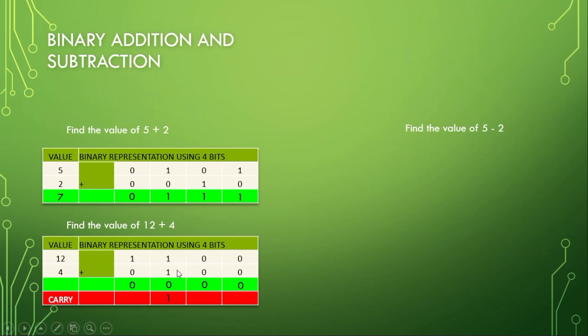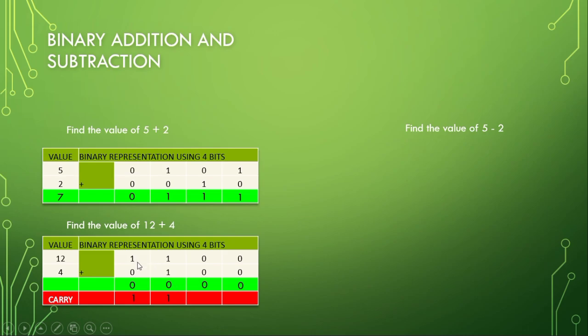The binary representation of 2 is equal to 1, 0. So we get 0 and then we carry 1. So this 1 is going to be used to add to this value here. So we say 1 plus 1 is equal to 0, carry 1, right?